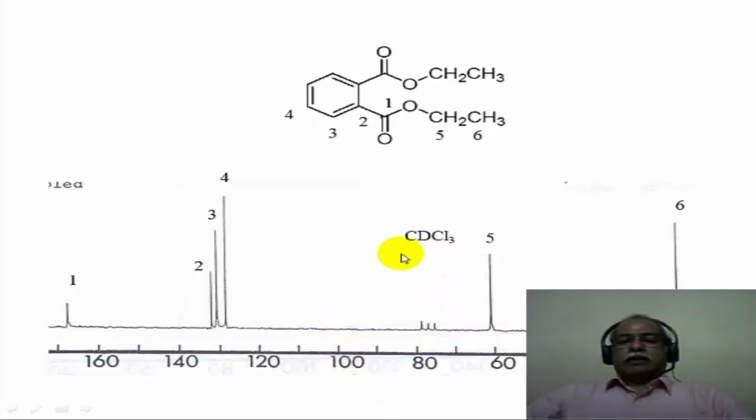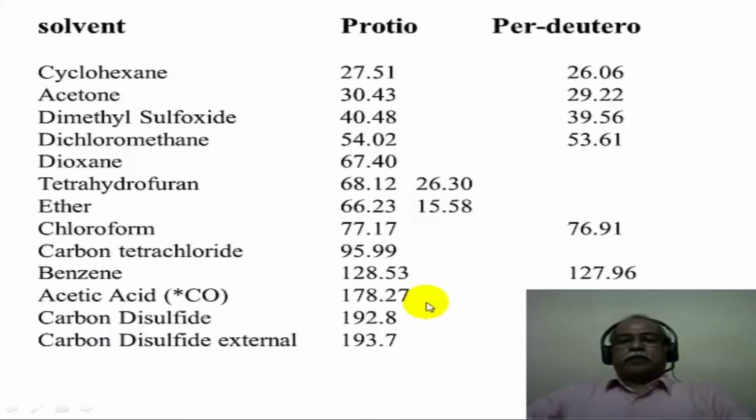So just like CDCl3 gives this particular spectrum, many other solvents also show up in the carbon-13 spectrum. It depends on whether it is a completely protonated cyclohexane with 12 protons or a per-deuterated cyclohexane. In other words, you can have a deuterated solvent or a proteo solvent.